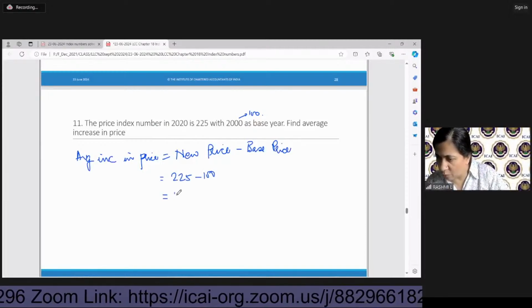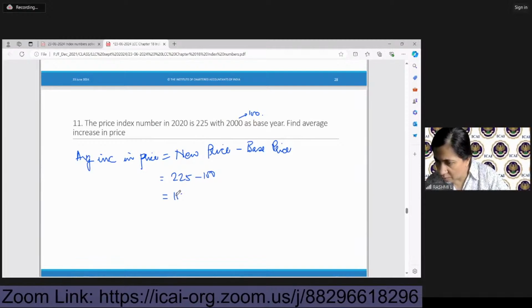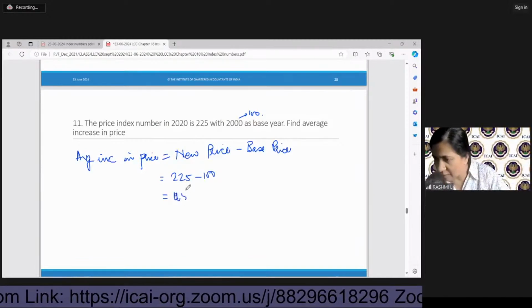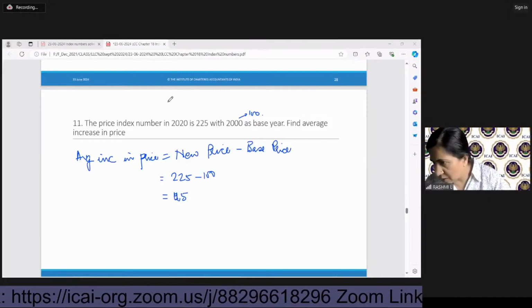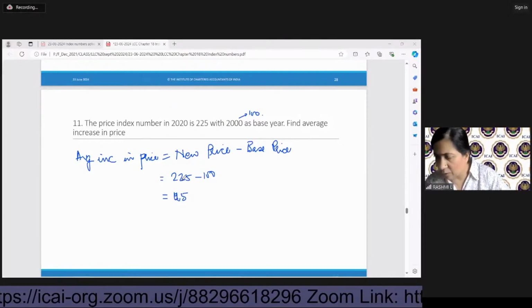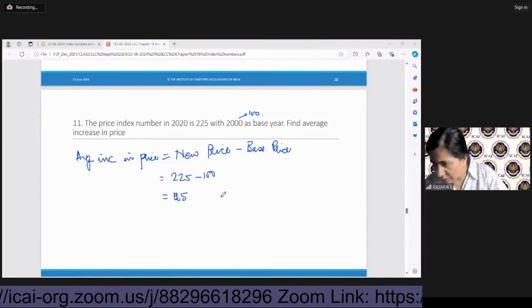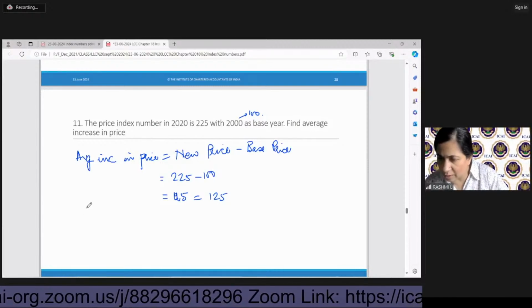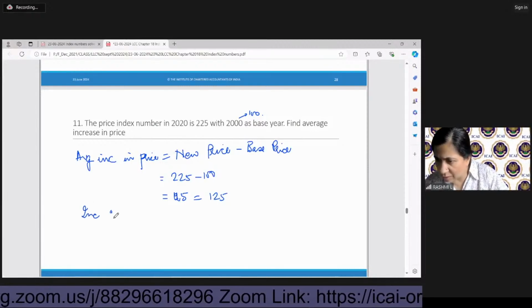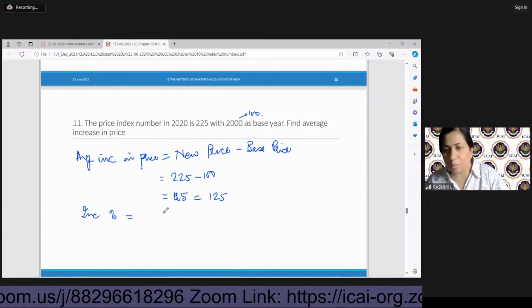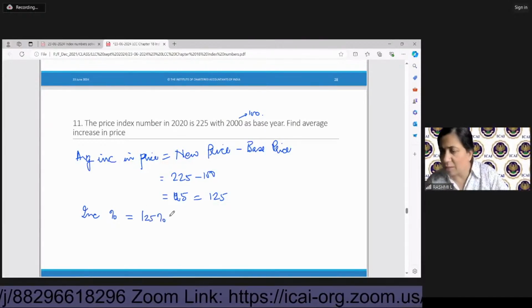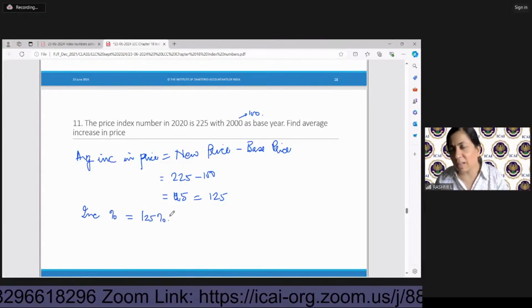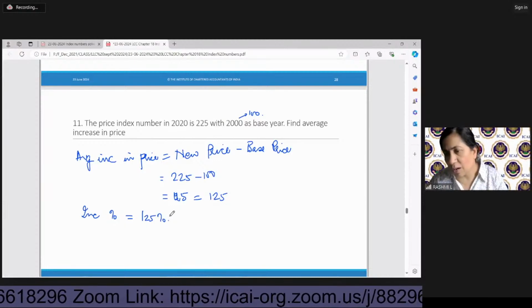So, you will get 125 as the average increase in the price. That is 125. If they are asking for an increase percentage, depending on what the options are, then this will be 125%. So depending on what is written in the answer, what options you have, you could do that.